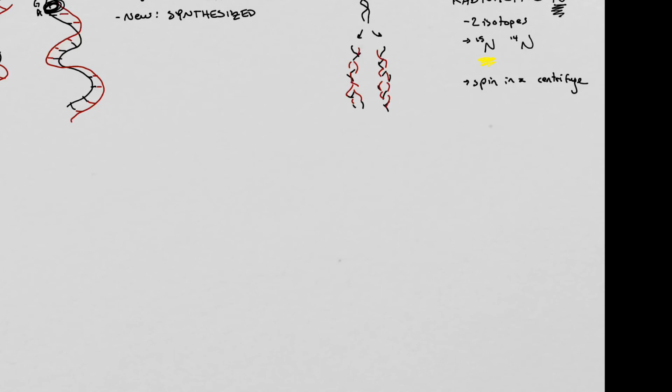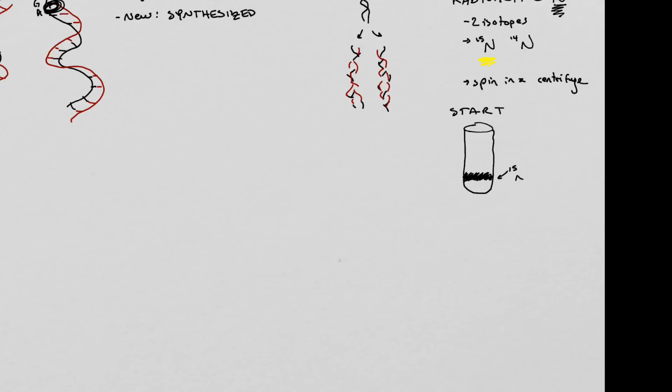they used some radioactivity to illuminate the different bands, the different locations about where this nitrogen was, and that would show them where the DNA was. So right now, at the start, since all of the DNA in the bacteria was nitrogen 15, when they spun it around in the centrifuge, they ended up with a whole bunch of nitrogen gathering down near the bottom.